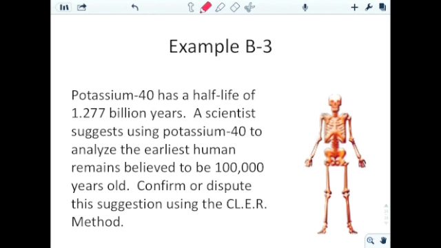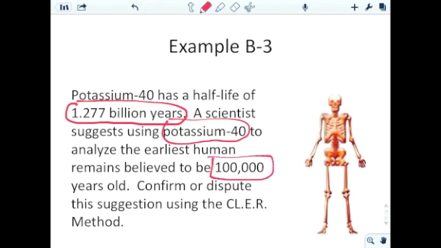And jumping into our last example, it says potassium 40 has a half-life of 1.27 billion years. A scientist suggests using potassium 40 to analyze the earliest human remains believed to be 100,000 years old. Confirm or dispute this suggestion using the clear method.